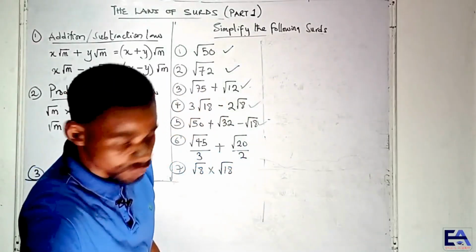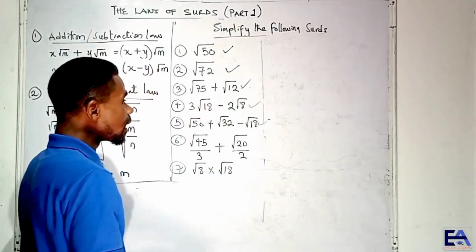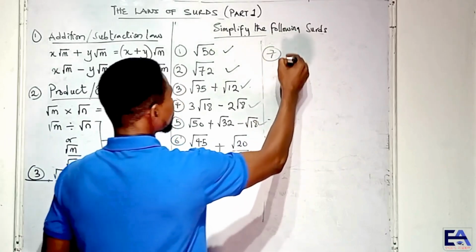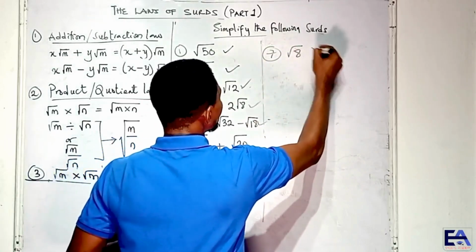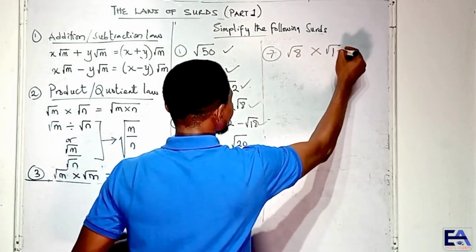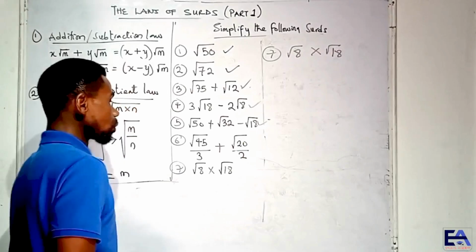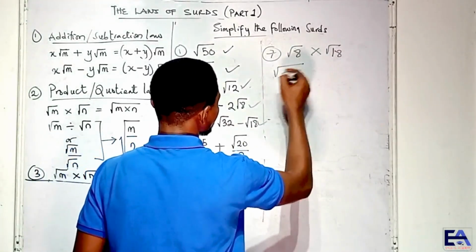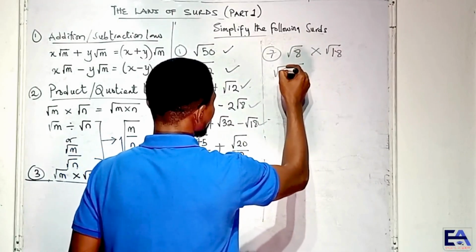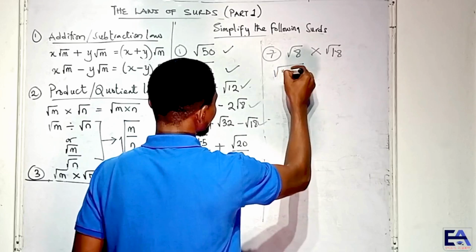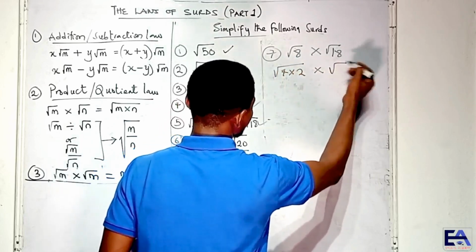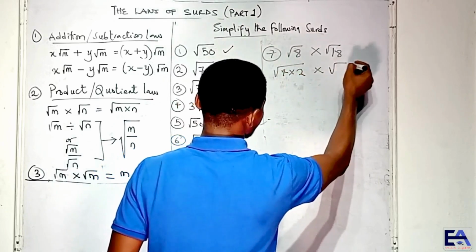To solve question number 7, we have root 8 multiplied by root 18. So root 8 can be broken down as the square root of 4 times 2. Root 18, the square root of 9 times 2.